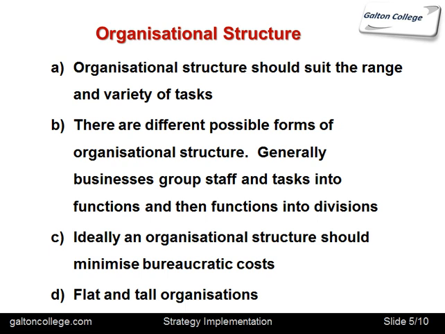In which case there are all sorts of issues about effective communications between the top tier of management and the lower tiers of management. There may be issues not just about communications but about coordination and the whole planning process and the implementation, I should say, of plans. So there are tall and flat organizations, each of which has got advantages and disadvantages, and that's the subject of a separate video.